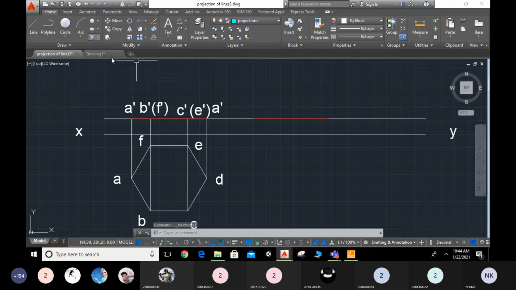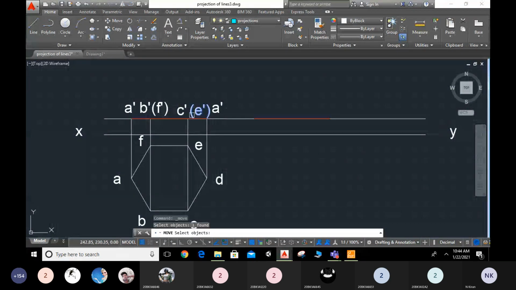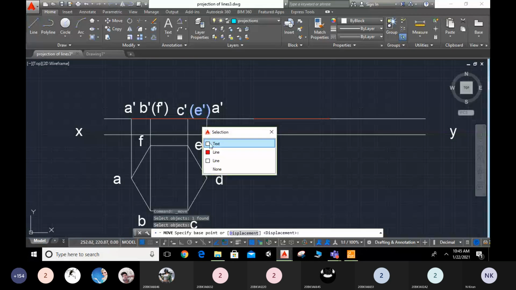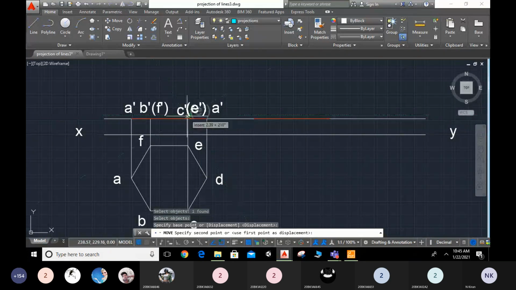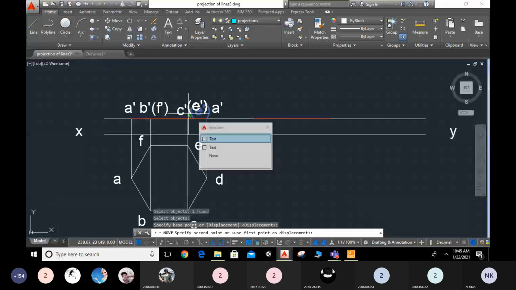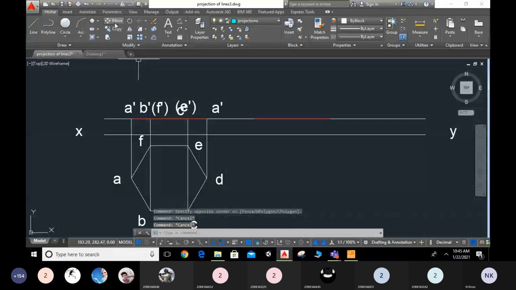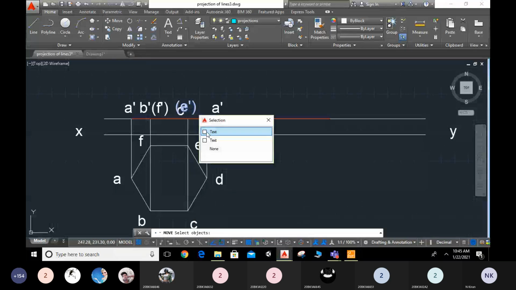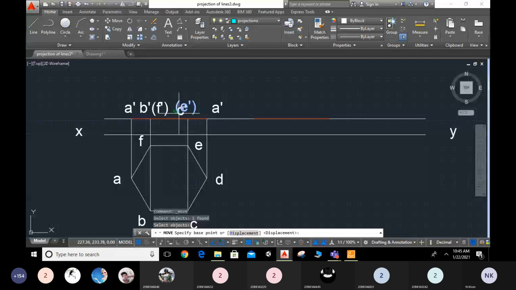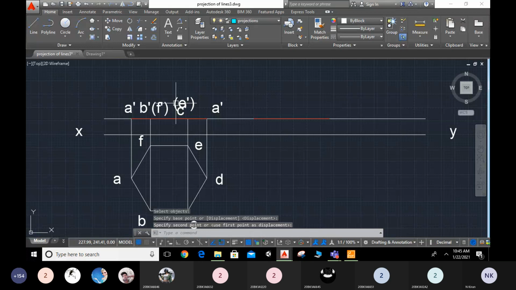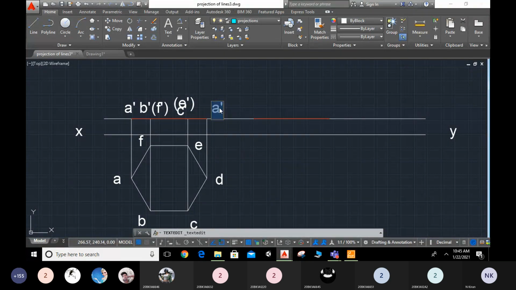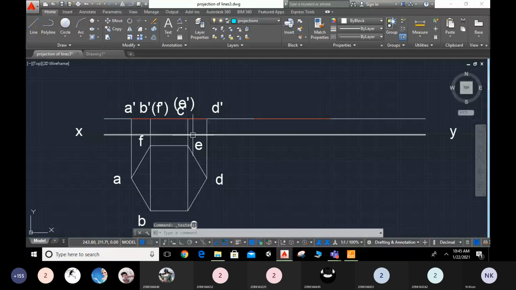As it is taking more space, I will move it somewhat. Let me place it like this, one side above. I will rename this one as D dash. Are you clear with this concept?